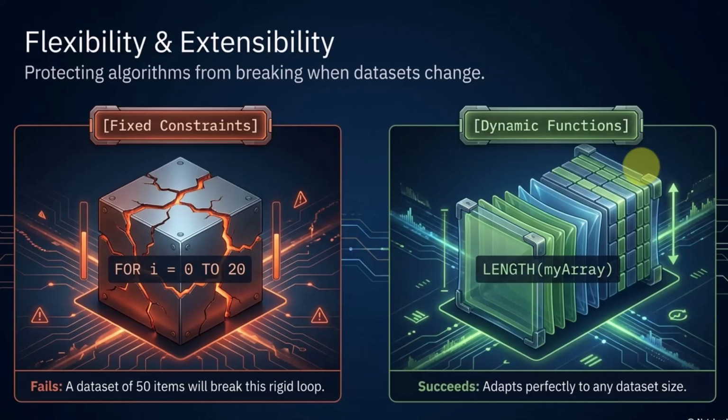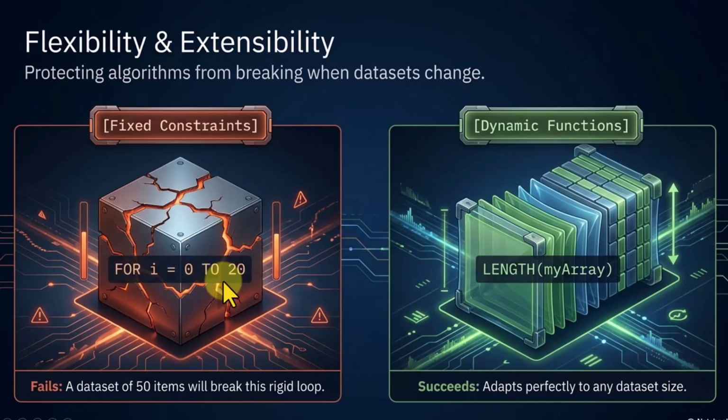Then, talking about flexibility and extensibility, which is very important for your exams and for your code. Your program has to be able to adapt to different data sets. For example, if you are traversing a list with for i from 0 up to 20, that is a fixed loop.